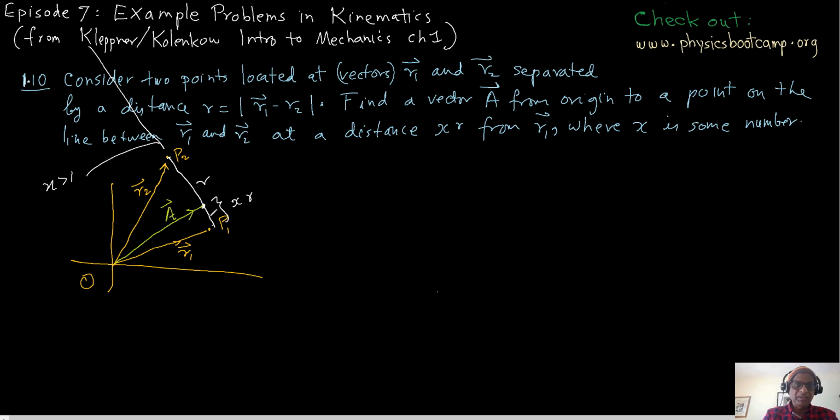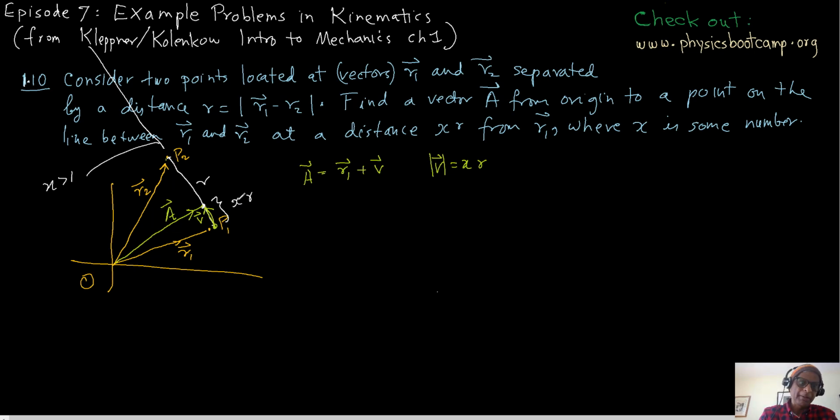If I think of this as a vector, let's call it vector V, then A will simply be R1 plus vector V. So how do I get vector V? What's given is that the magnitude is equal to x times r, and the direction is from P1 to P2.